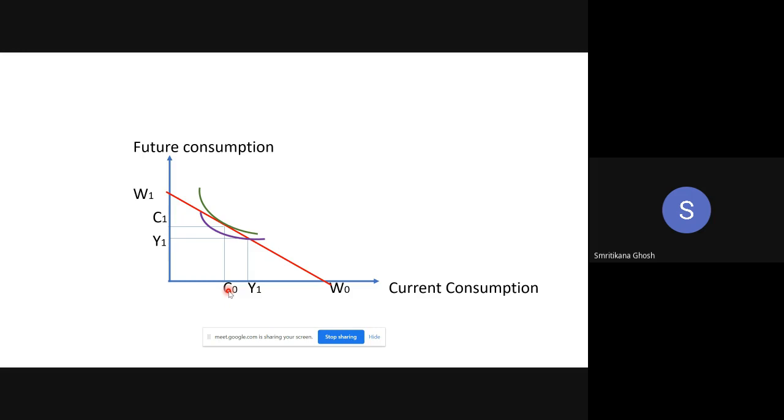So today you are saving and tomorrow you are spending your savings. This is how you are maximizing your utility. Yes, ma'am, understood.